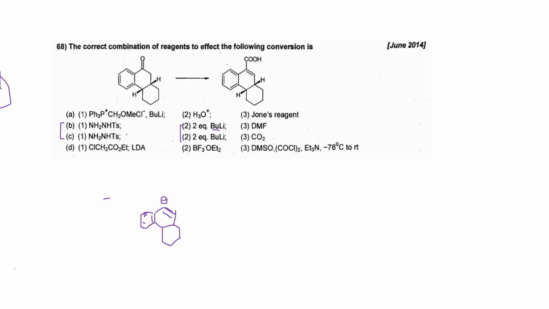There will be a double bond from the alpha position and there will be a negative charge where the carbonyl position was. So whenever there is an acidic hydrogen and a strong base like butyl lithium, there will be a double bond formation and a negative charge at the carbonyl position.